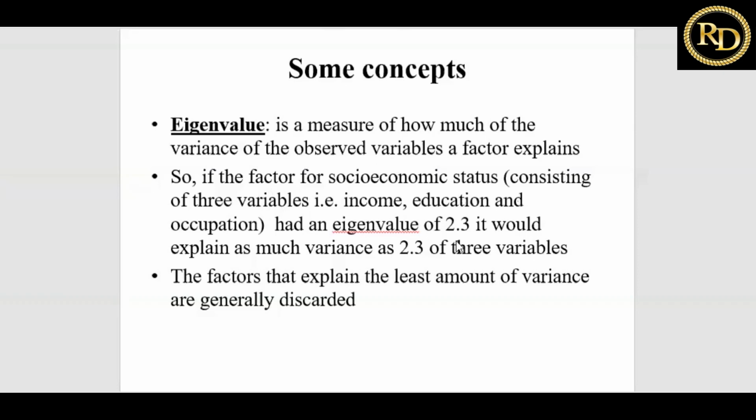So this is how you can understand the eigenvalue. The factors that explain the least amount of variance are generally discarded. So those with less variance would be discarded, and the rest would be considered as factors.